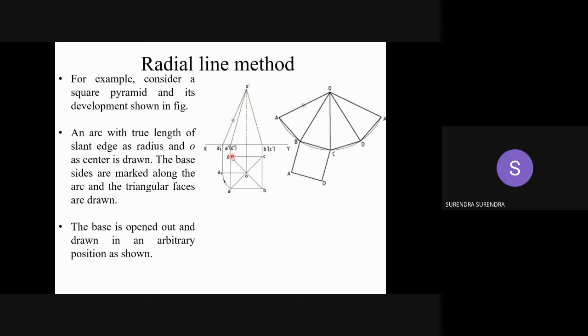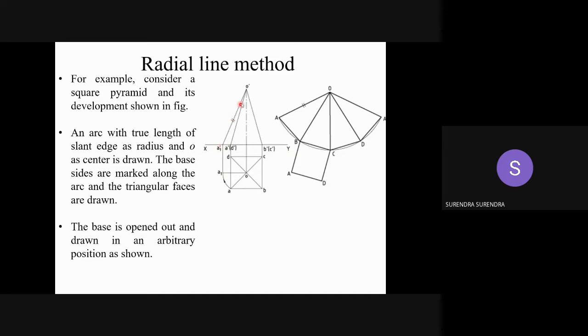AO, BO, CO, DO are all inclined to the XY line in the top view and in the front view, meaning these lines are inclined to both planes. So we have to rotate OA or any slant edge up to the horizontal position, parallel to the XY line, and project this up to the XY line, and you'll get the point A1 dash.